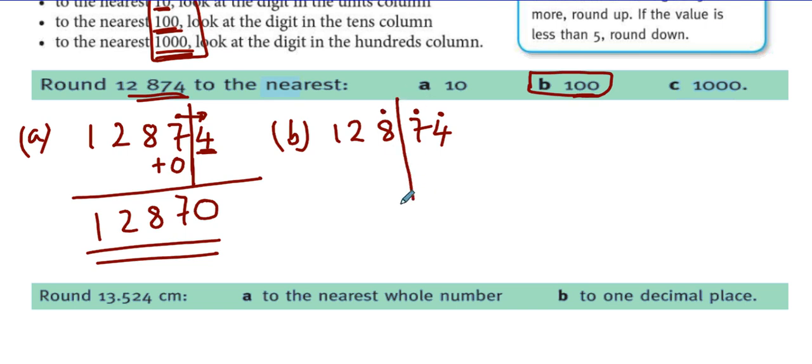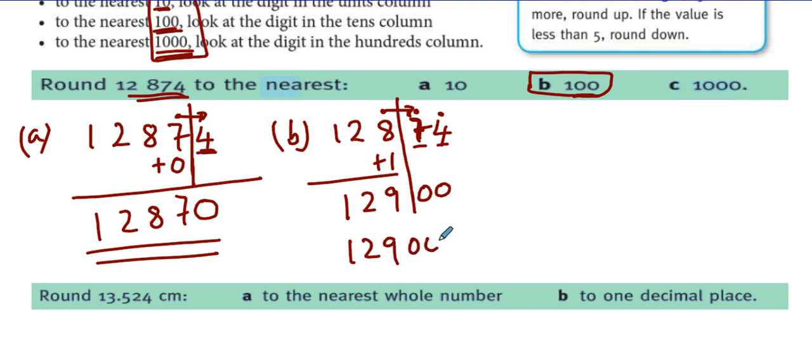So you keep a boundary over here. Check to your right. There is 7. 7 is bigger than 5. So you add 1 here. This will be 9. This will be 2. This will be 1. Now the remaining 7 and 4 becomes zeros. And the answer is 12900. This is the answer.